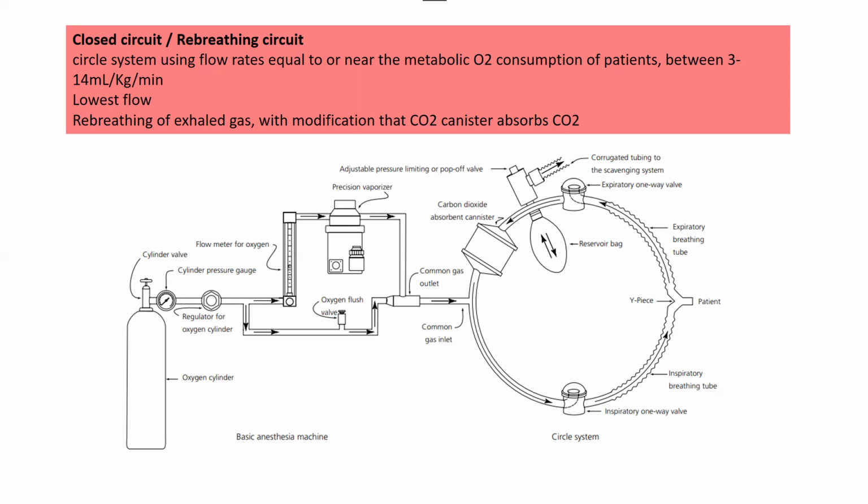In some other book you might see it as 5 to 10 ml, and some books might have written 5 to 15 ml per kg. So there will be a minute difference in the range, but you should remember it is the lowest flow, whether you say 5 to 10 or 3 to 14. The rebreathing circuit has the lowest flow rate.